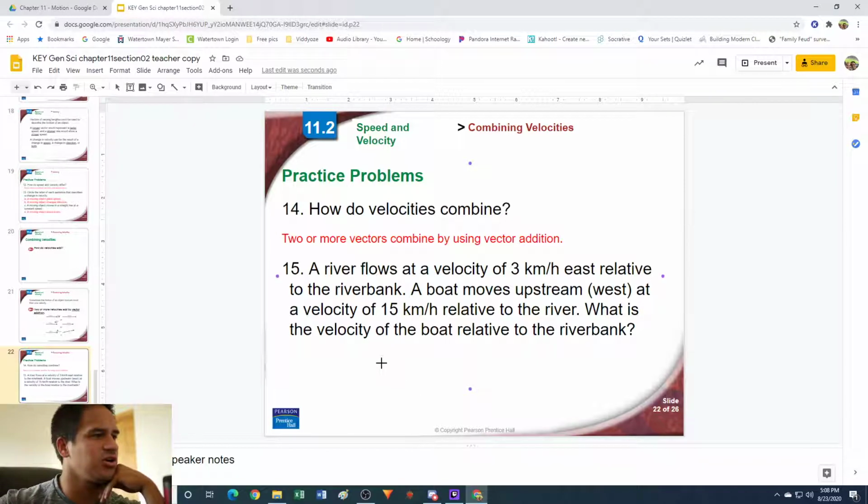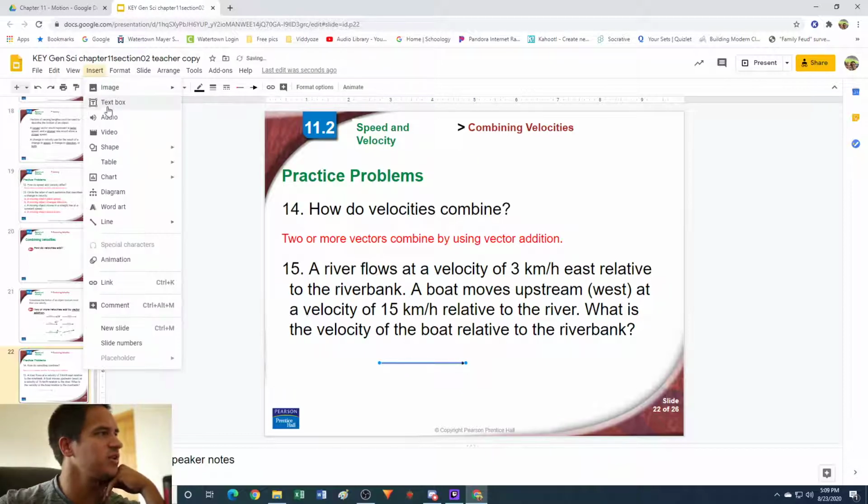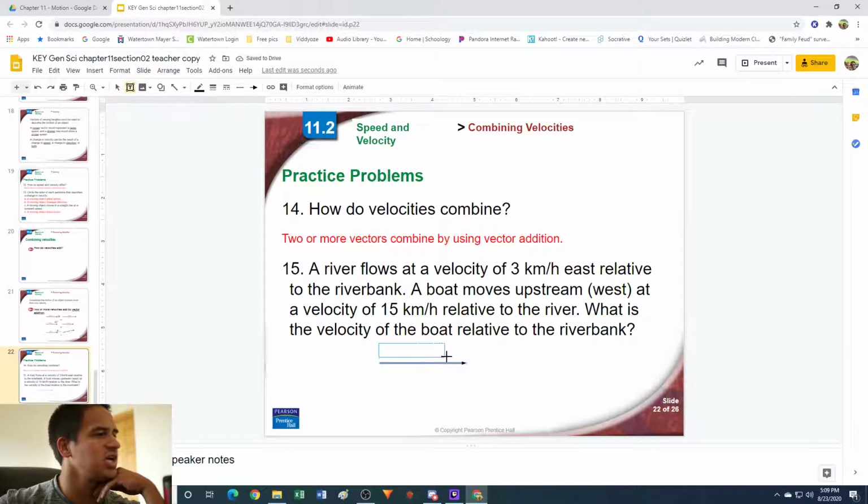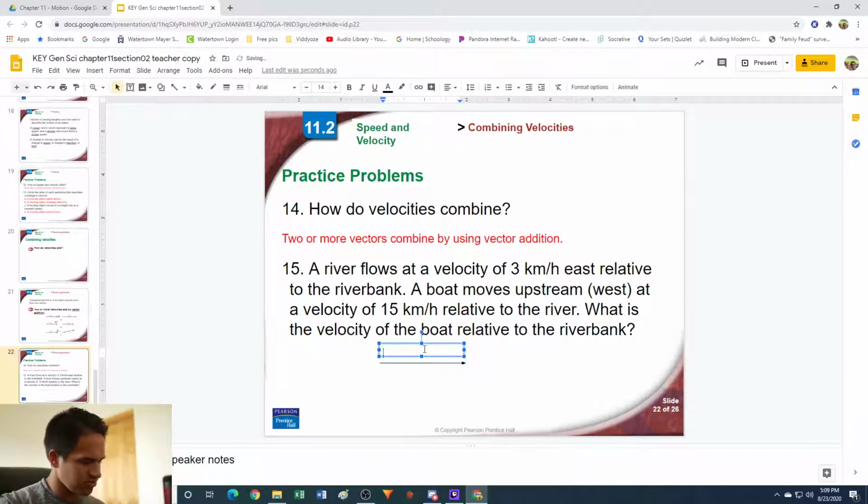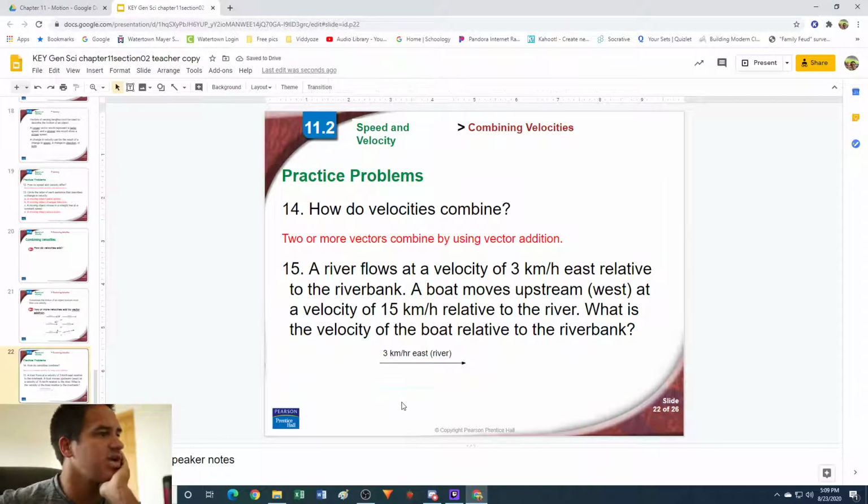So we're going to draw an arrow. Let's just draw an arrow this way, going east, and we will insert a text box, and we will label this as 3 kilometers per hour east. And this is the river. Okay. And then we have a boat, which is moving west at 15 kilometers per hour relative to the river.